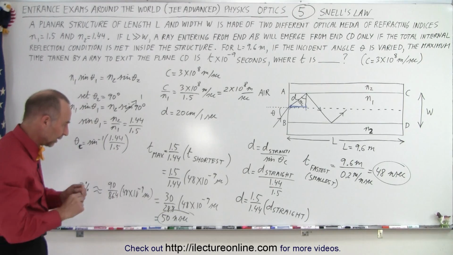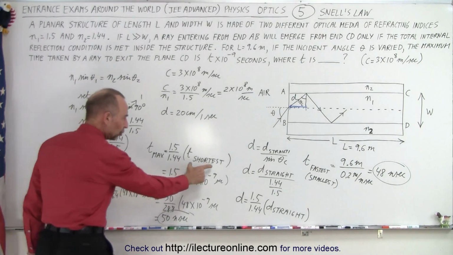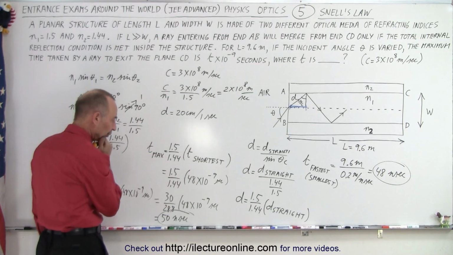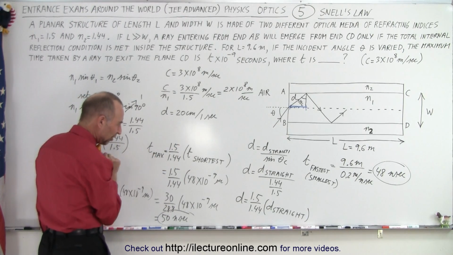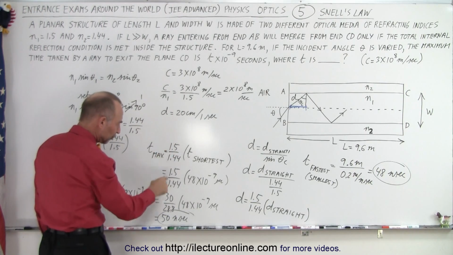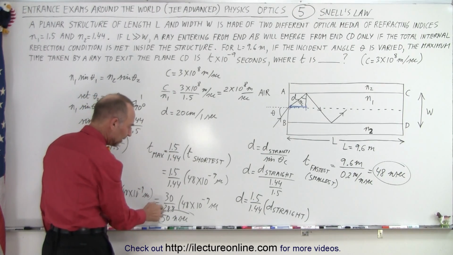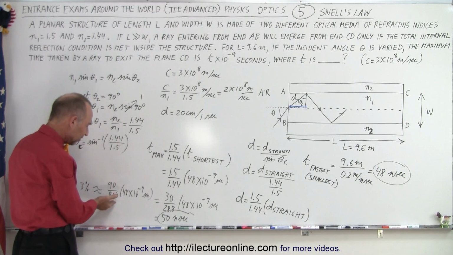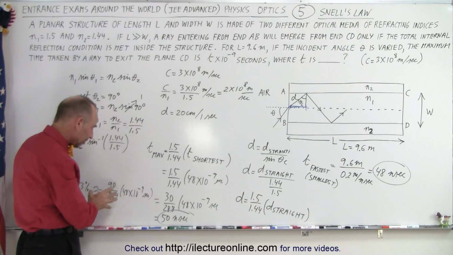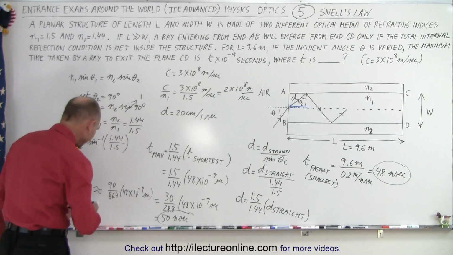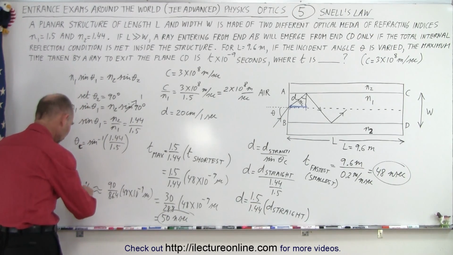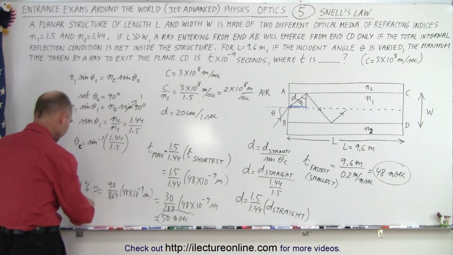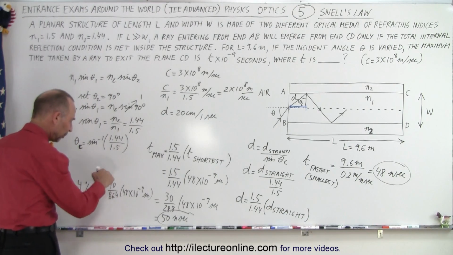So again, let me quickly show what I did. The shortest time is 48 nanoseconds. We know we have to multiply by 1.5 over 1.44. I'm trying to figure out what percentage difference that is. So I multiply both by 20, I get 30 over 28.8, times 3 gives me almost 100, right? 90 is almost 100 over 86.4. So it looks like it's closer to about a 4% difference if I go all the way to 100. 4% difference, roughly speaking, between 86.4 and 90.